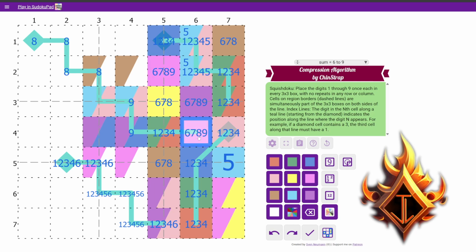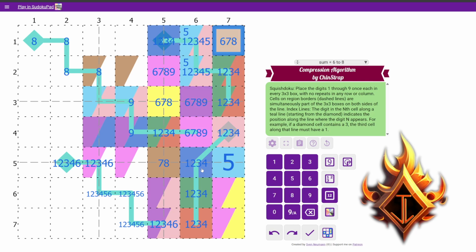Light pink could most definitely be 9. It could index itself on the line. Brown cannot be 6, since 6 would not go anywhere on the index. That's good.